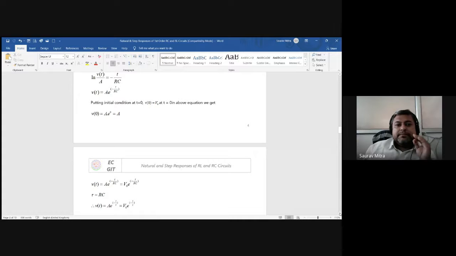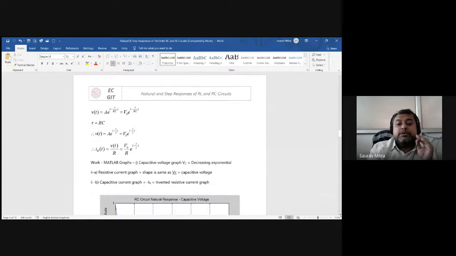Rutik, understood? Yes, sir. So tau for the RL circuit is proportional to 1 by R, because tau is equal to L by R, so resistance and time constant are inversely proportional. In an inductive circuit, if you increase R, your system becomes faster. But in an RC circuit, if you increase the value of R, your system is going to be slower.